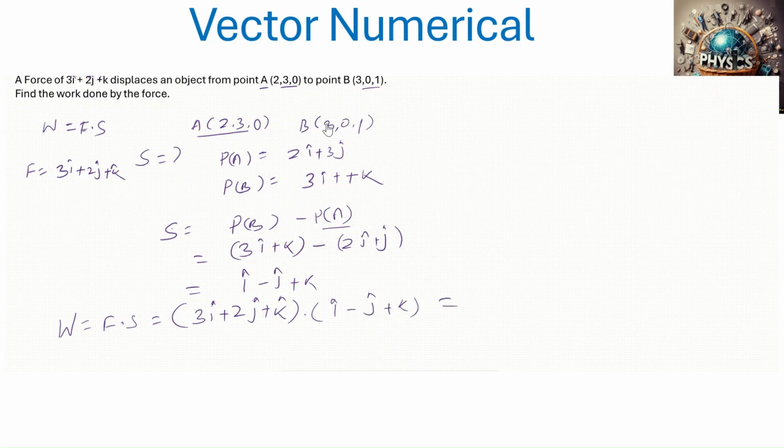As we know, we need to multiply i with i, j with j, and k with k. So 3 into 1 is 3, minus 2, plus 1. So 3 minus 2 is 1, plus 1 is 2. So this is our answer.